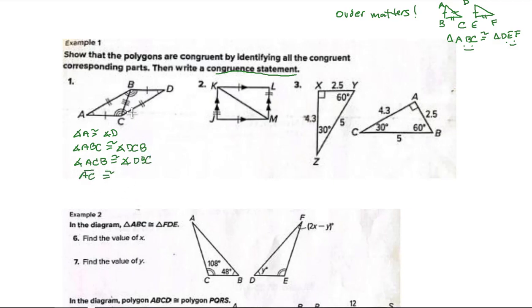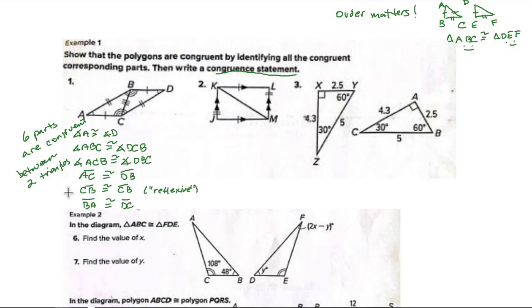So angle A is congruent to D. Angle ABC is going to be congruent to angle BCD, and so on, or DCB. And between the two triangles, BC and CB are two shared sides, so we call that the reflexive property. And also we can say that segment BA is congruent to segment DC. So we're matching up matching tick marks between the two figures.